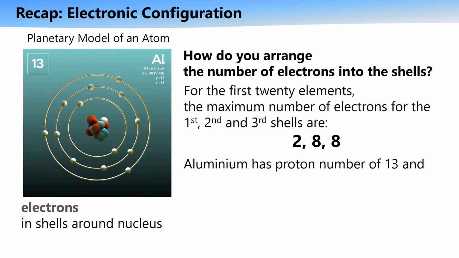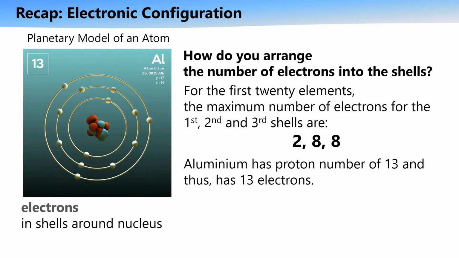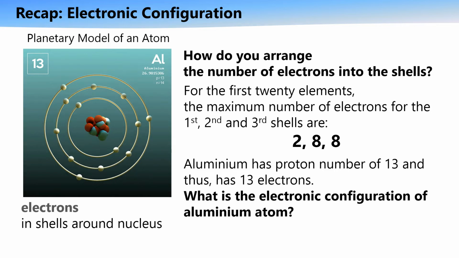Since aluminium has a proton number of 13, it will thus have 13 electrons. So what is the electronic configuration of the aluminium atom? How do we arrange the electrons into the shells? The first shell can only take 2, so it will be 2. Now I have 11 electrons left over to arrange.